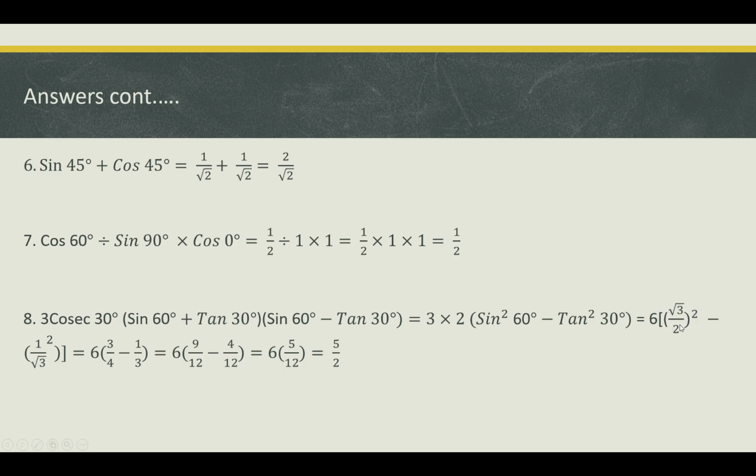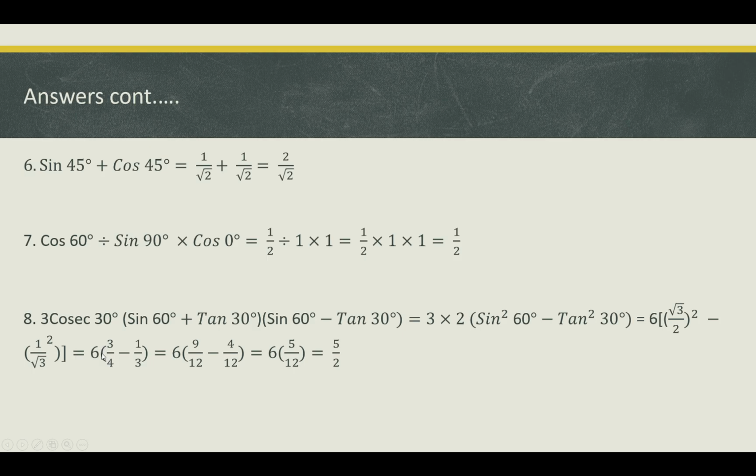Under root 3 by 2 is the value of sine 60, and because there is a squared sign in the equation, I'm going to add a squared sign in the answer also. And 1 by root 3 is the value of tan 30, and because there is a squared sign, I'm going to add a squared sign here too.